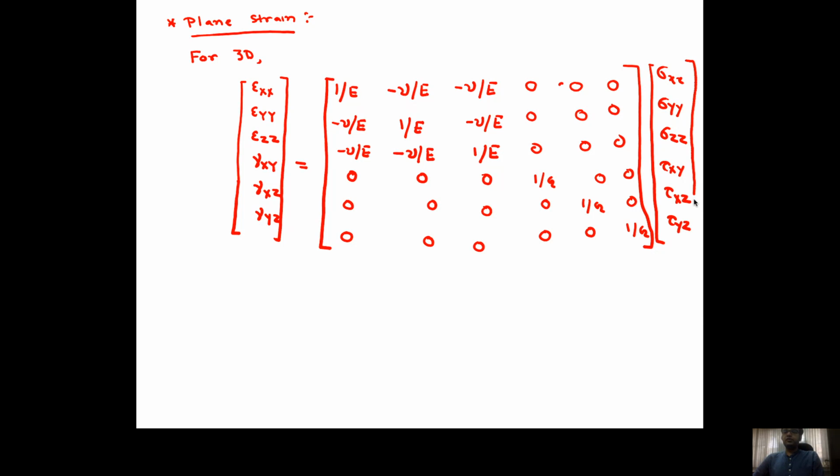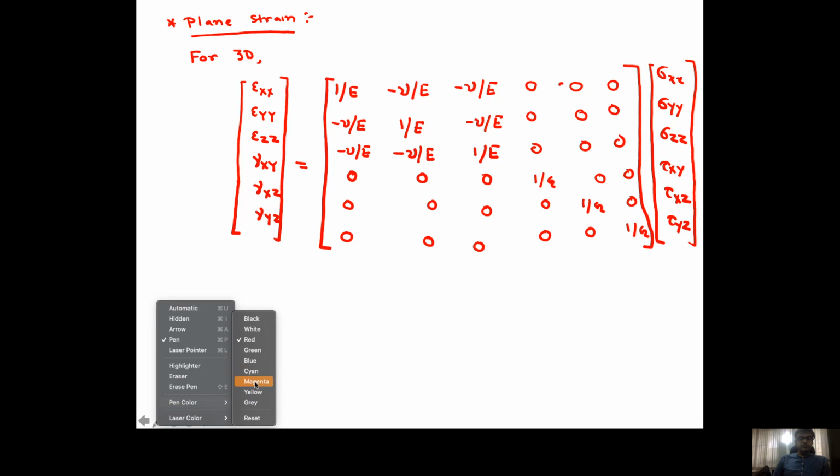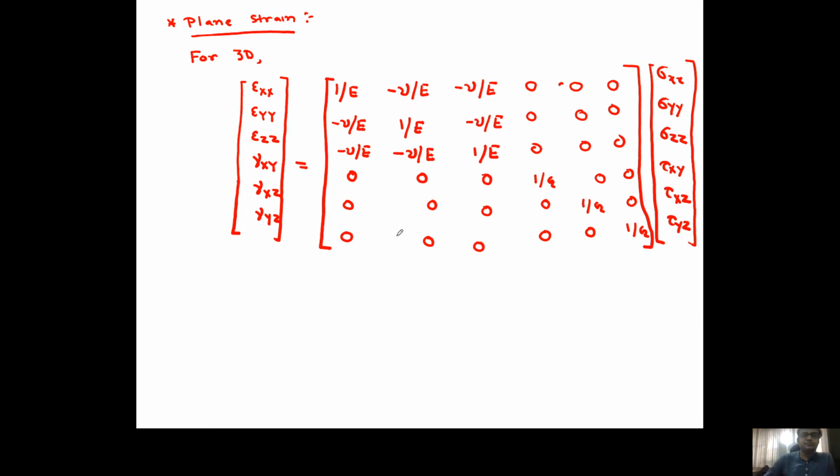Now remember that we are talking about the plane strain condition. And what happens in plane strain condition? Okay, let me change the color. In plane strain condition, this is equal to 0, this is equal to 0, and this is equal to 0. So let us start from the shear components.